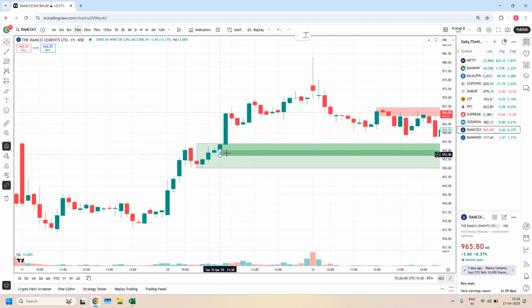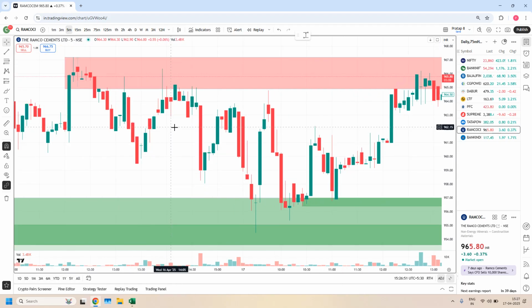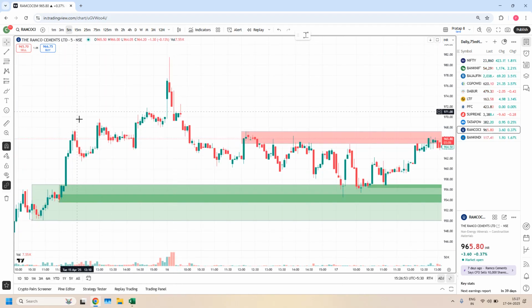And this 15-minute zone is again fine-tuned with 5 minutes time frame. See here you have a drop candle, 2 base candles and then a rally candle and a medium size leg candle and again another rally candle, follow through candles.